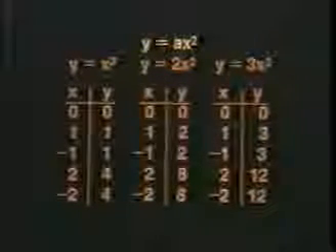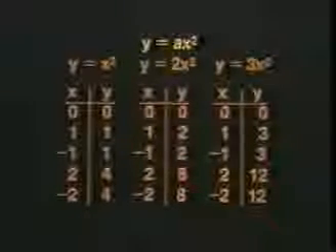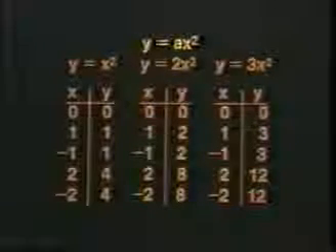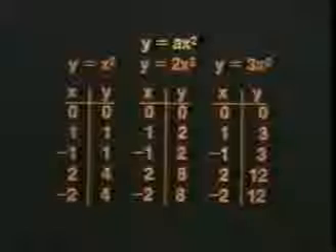First question. Take y equals ax squared as an equation all by itself. The question: what happens when we use different values for a? Different coefficients, different numbers, like this. Y equals 1x squared, y equals 2x squared, y equals 3x squared.